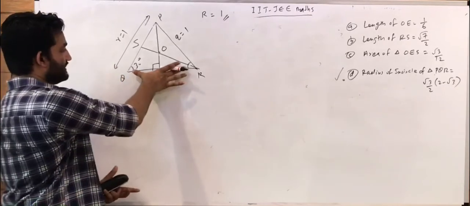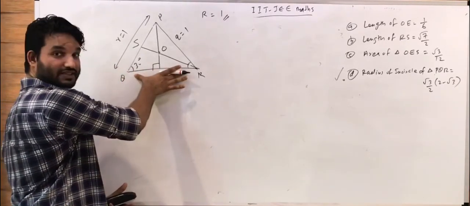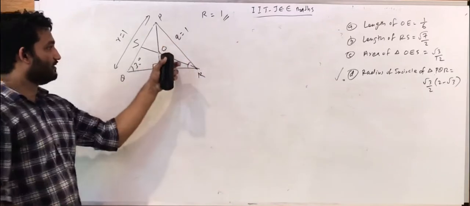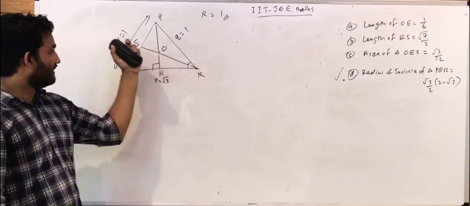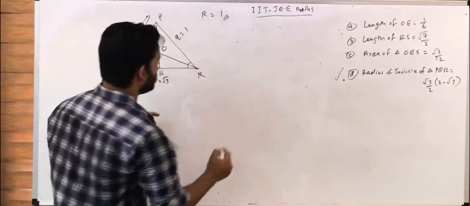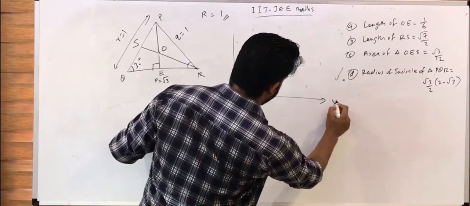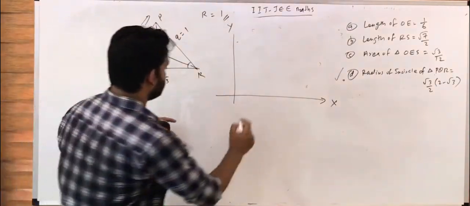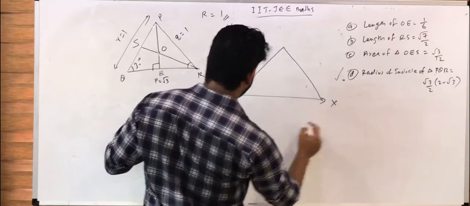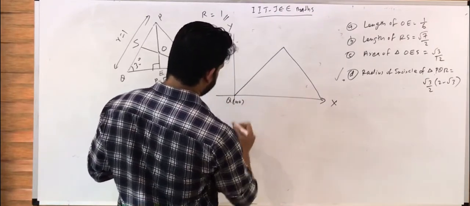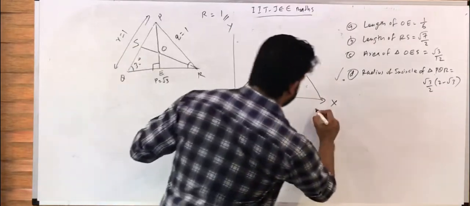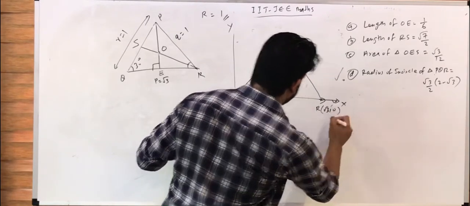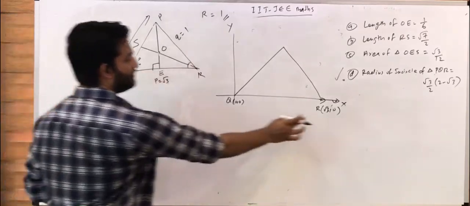So I take the xy plane and draw this triangle here, with Q as origin and R as root 3, 0, because we know this side length is root 3.